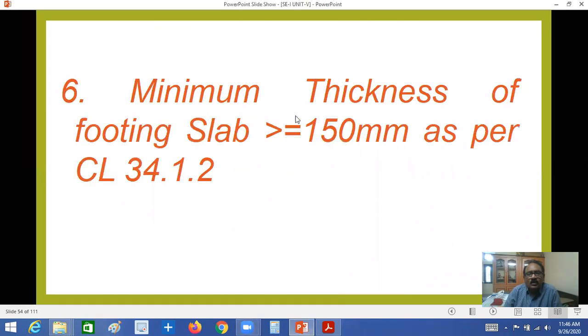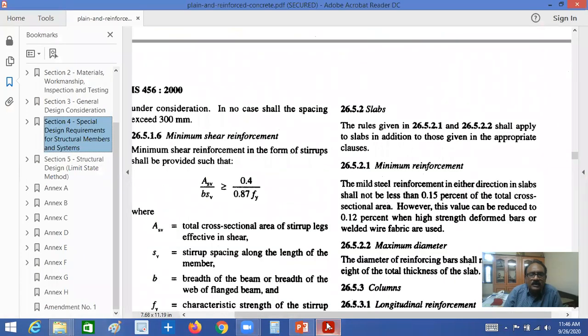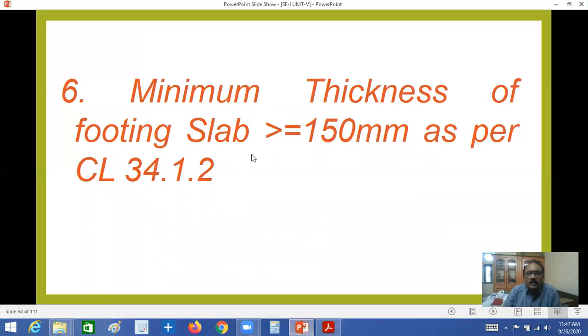The minimum thickness of footing is per IS 456 clause 34.1.2: the minimum edge thickness is 150 mm for footings on soil, and 300 mm for piles.